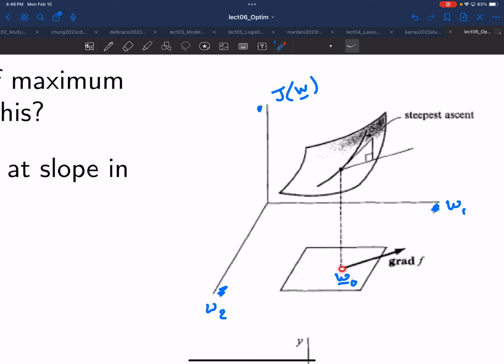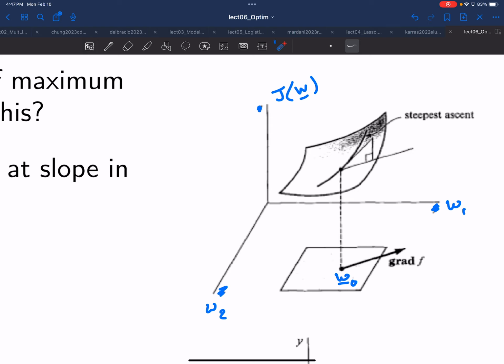So we're at this point, w naught. This is the height of the function at that point. And now I want to know which direction I need to travel to go maximum uphill for that function. And according to this picture, the steepest uphill would be moving in this direction in the w plane.